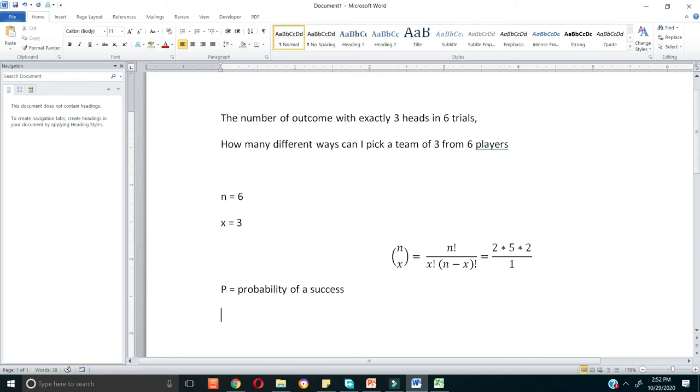In this case a success is a head. So if this doesn't happen, the opposite is going to be a tail. So 1 minus P is the probability of what we shall call a failure, the alternative outcome. Remember, there's only 2 outcomes because it's a binomial distribution.